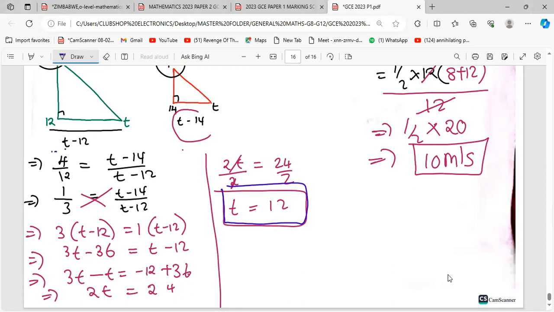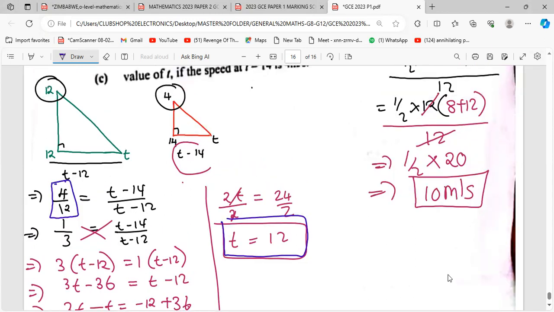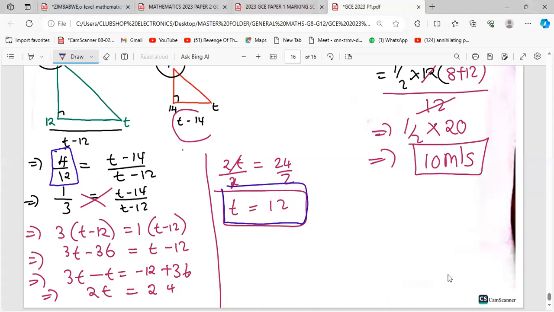Okay, so here we are saying it is 4 divided by 12, good. Then here T minus 14 divided by T minus 12, this is correct. Then when you cross multiply, this is where the mistake is.